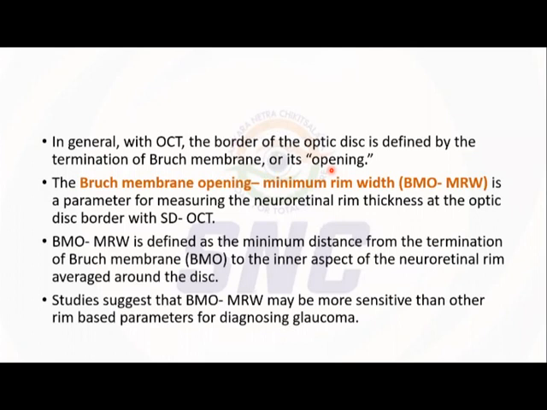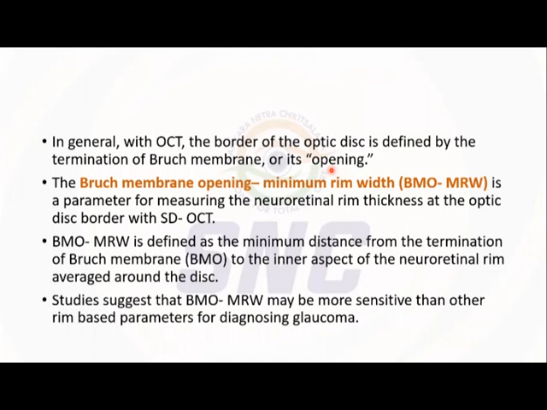In general, with OCT, the border of the optic disc is defined by the termination of Bruch's membrane, or its opening. So the Bruch's membrane opening minimum rim width, that is BMO-MRW, is a parameter for measuring the neuroretinal rim thickness at the optic disc border with SD-OCT. The BMO-MRW is defined as the minimum distance from the termination of Bruch's membrane to the inner aspect of the neuroretinal rim, averaged around the disc.